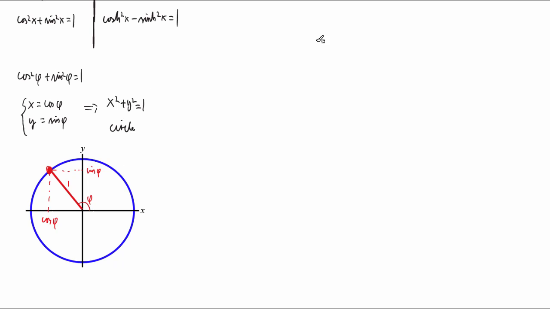Now let's look at the hyperbolic functions for a second. We have cosh squared of alpha minus sinh squared of alpha equals 1. If we make then the substitution that x equals cosh of alpha and y equals sinh of alpha, then we get x squared minus y squared equals 1.